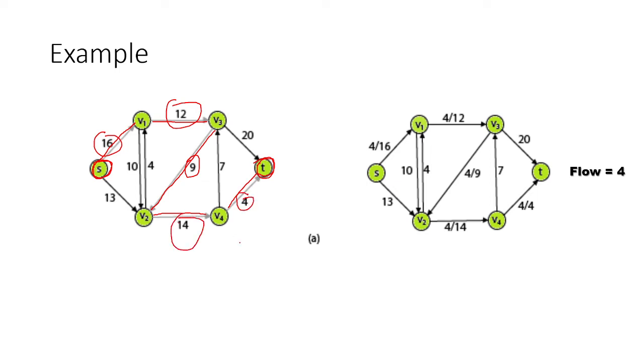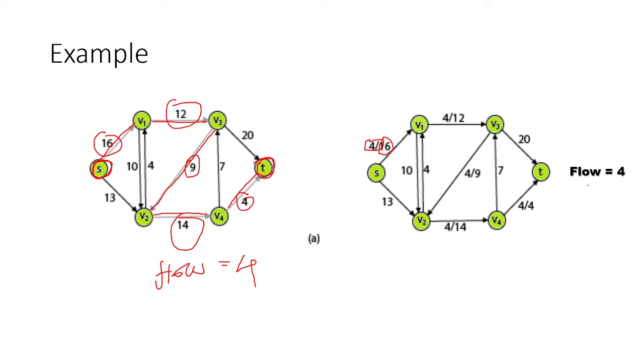So the bottleneck capacity will be 4, and the flow will be 4. The flow for this augmented path will be 4. So 4 will be written on the left side of the original capacity. This is the original capacity.